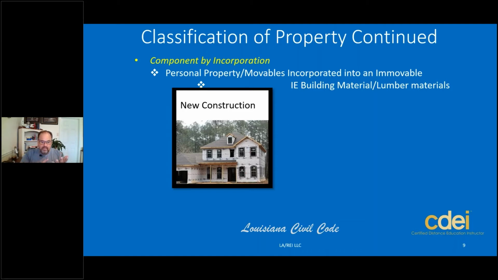I'm getting the lumber, the nails. You can see here the picture of the Tyvek paper wrapped around the house, the roofing tar paper, all the windows, the framing of the house, the sheetrock inside. All these individual components, when they're incorporated or assembled together, go from movable things to an immovable.